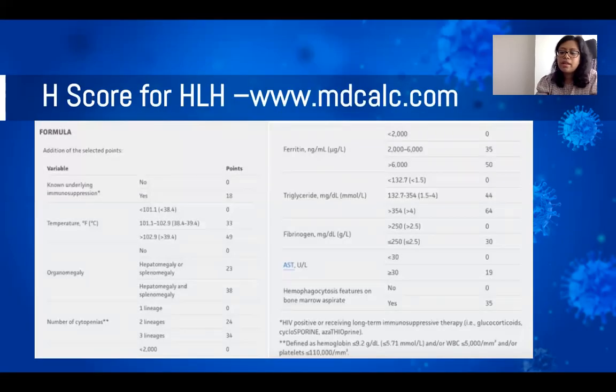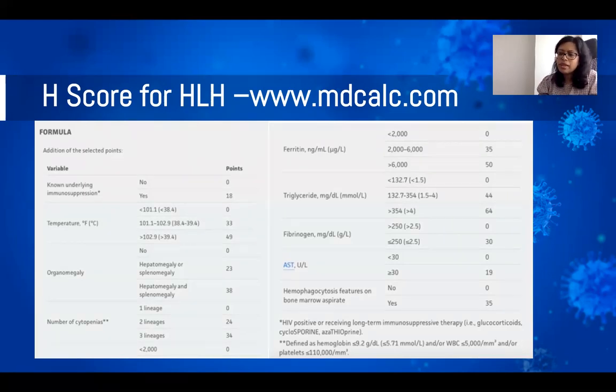So the HScore for HLH: if you go to MDCalc, you can put in all the values. You can put in the temperature, whether they've got organomegaly, whether they've got cytopenias, and the ferritin, triglyceride, and fibrinogen values.